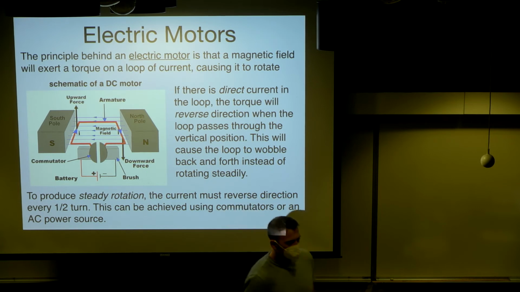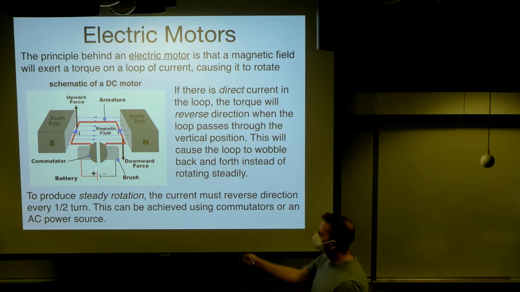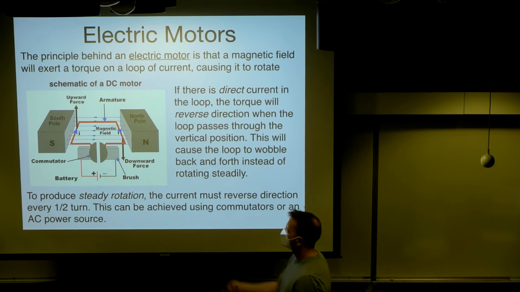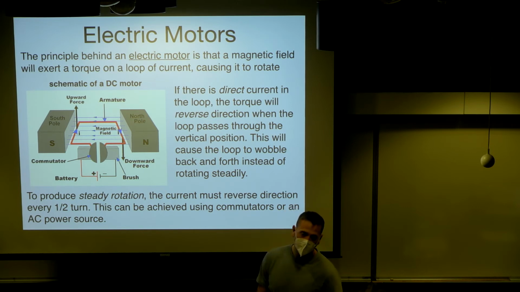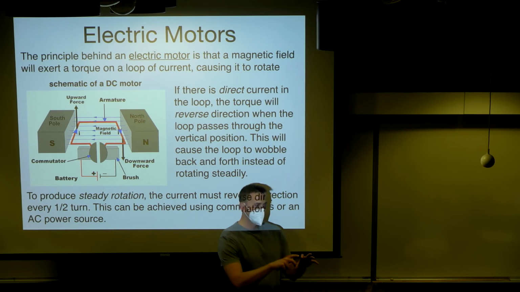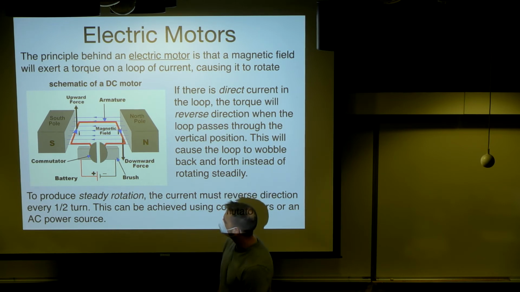So basically, if we can take 2 very strong magnets, like put a north and a south magnetic pole right here, and put a loop which can carry some current in between those 2 poles, well, guess what? We're going to have exactly what I described: a loop of current in a strong magnetic field.